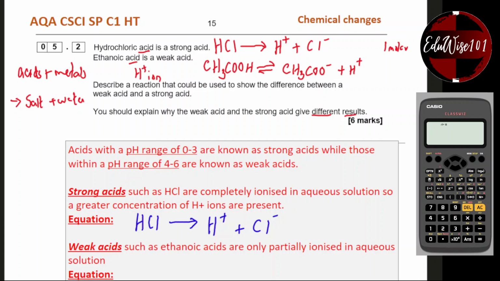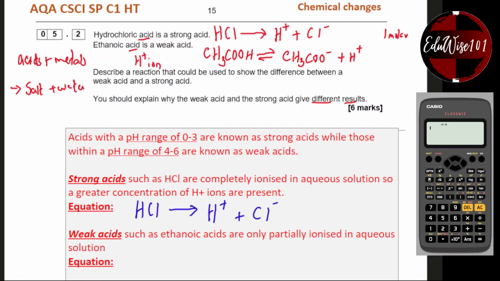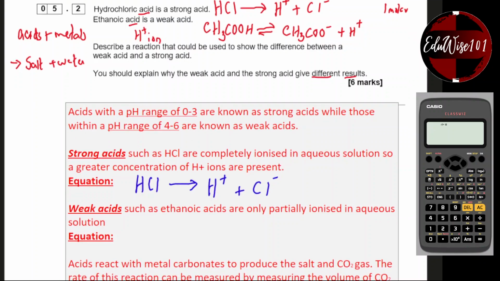Weak acids such as ethanoic acids are only partially ionized in aqueous solutions. So we could write ethanoic acid CH3COOH as CH3COO minus plus H plus ion.